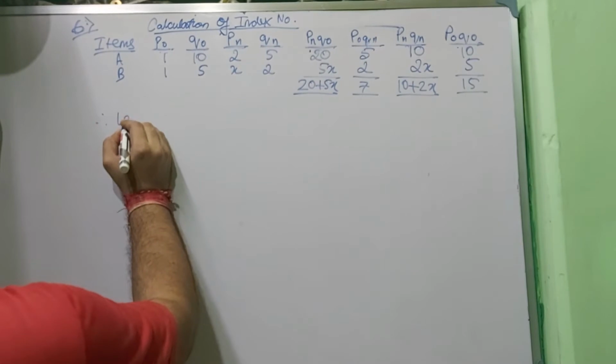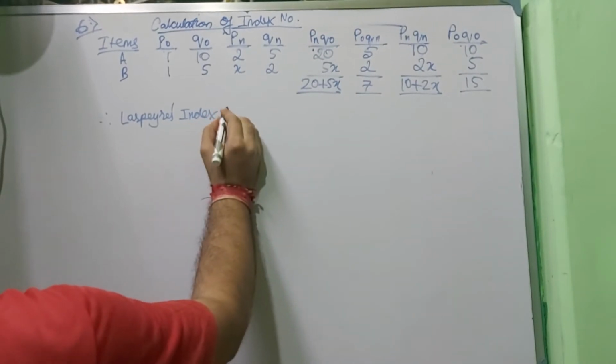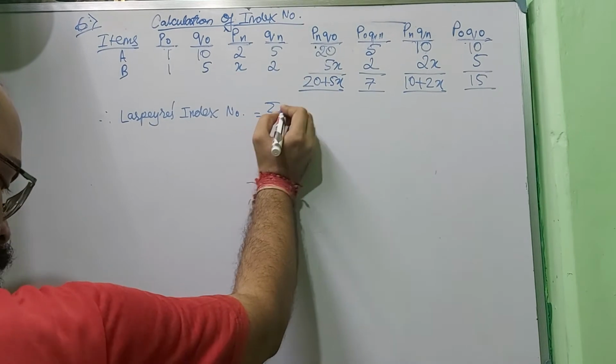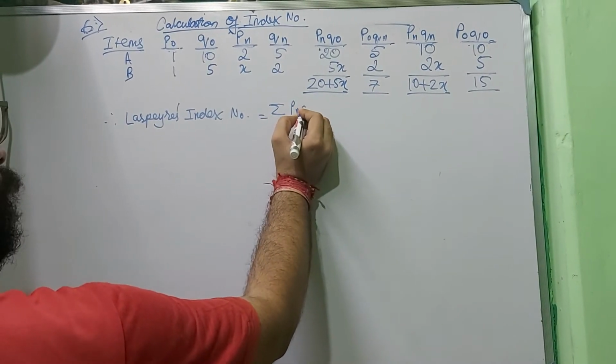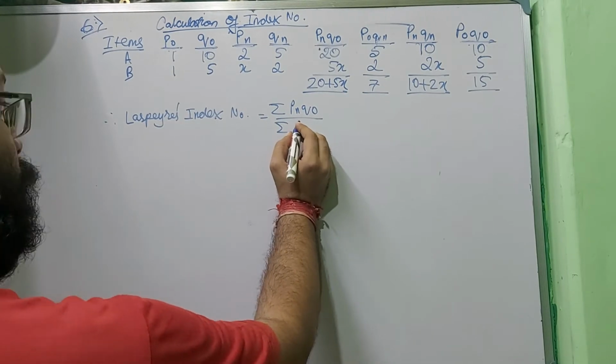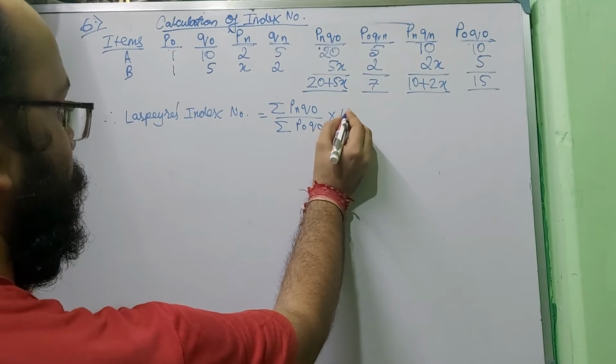Therefore, Laspeyres index number. What is the formula? Summation of Pn Q0 by summation of P0 Q0 into 100, right?